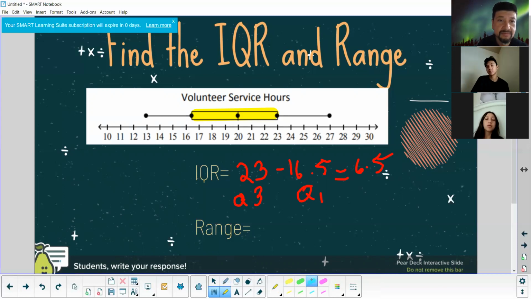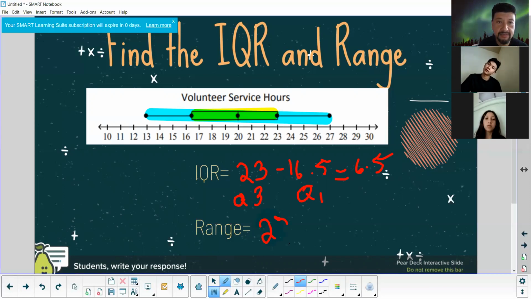That would be the maximum minus minimum, which is 27 and 13. Yes. So that will be 14. Yeah, so there's a 14 difference altogether. And this one had to do with volunteer service hours.